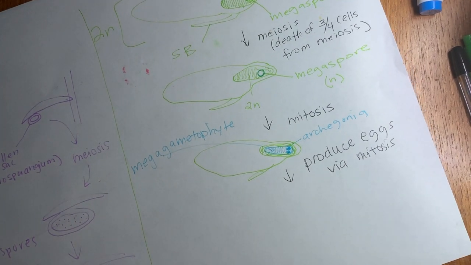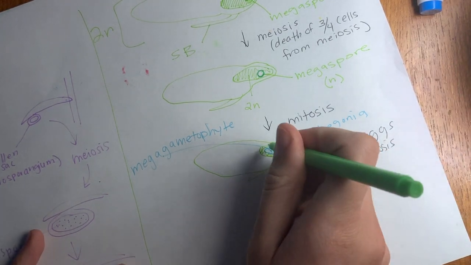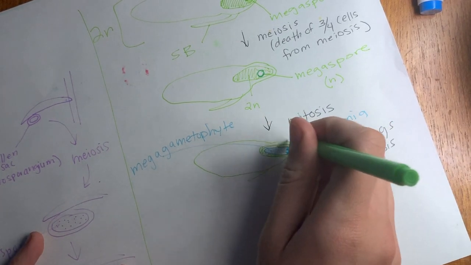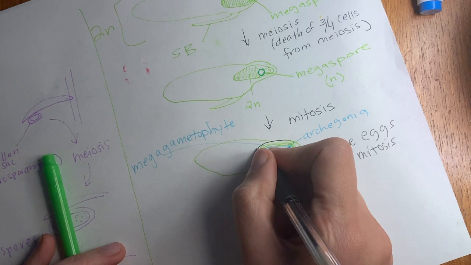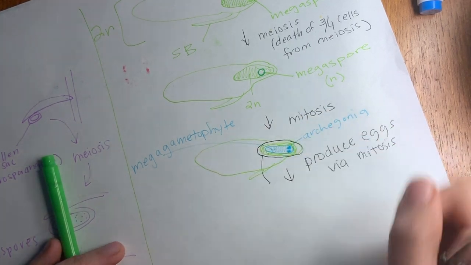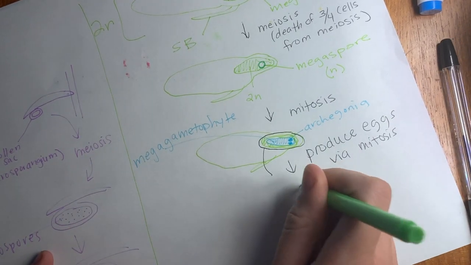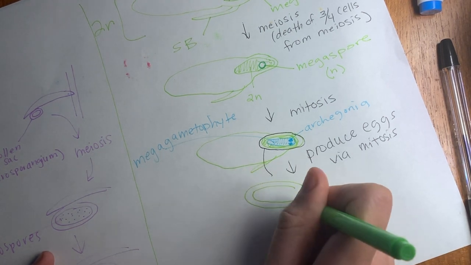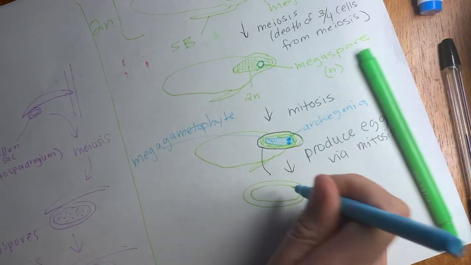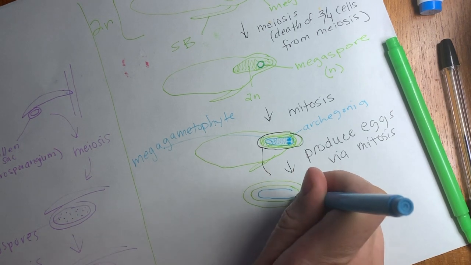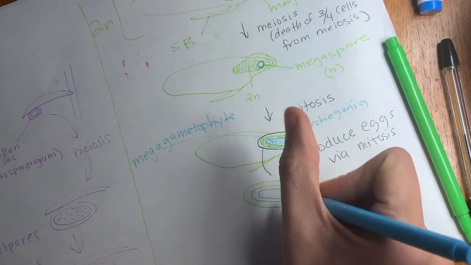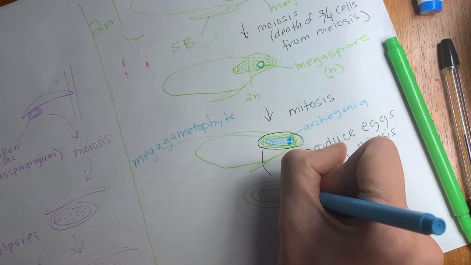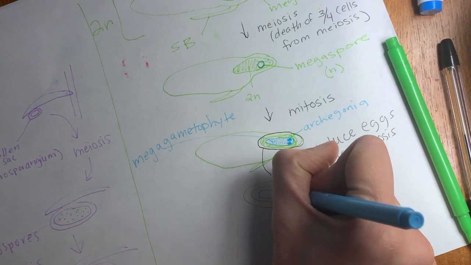Okay, so now I'm just going to zoom in. I'm going to draw just this part. So now what do we have? We have an integument. We have nucellus tissue, which has been pushed out by our megagametophyte. We have 2 haploid eggs. We'll just draw the egg like that.